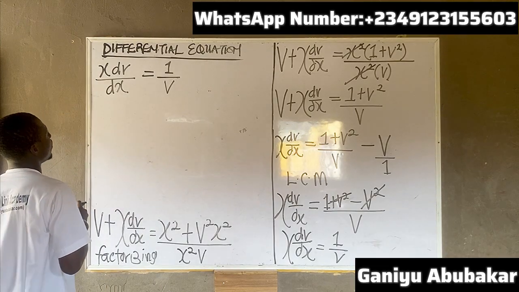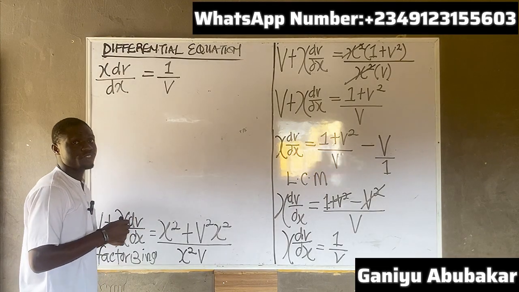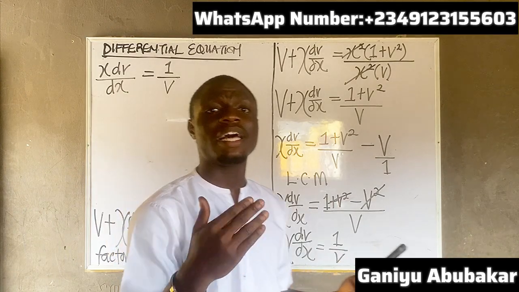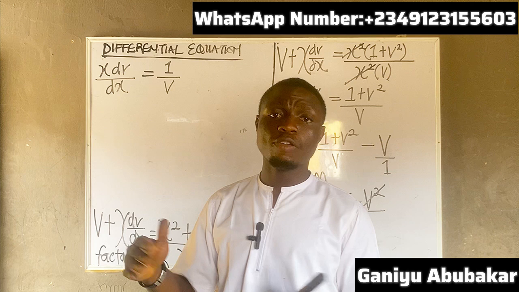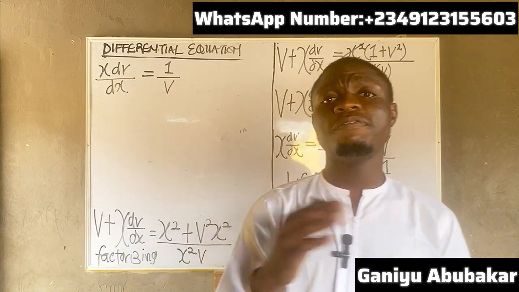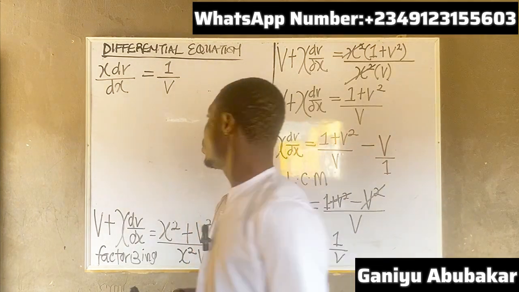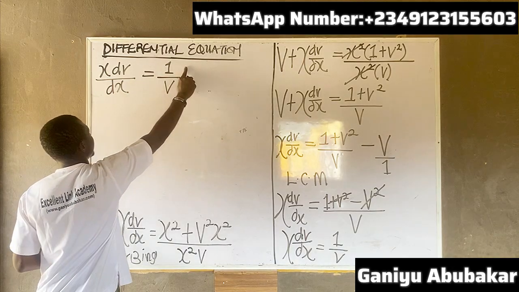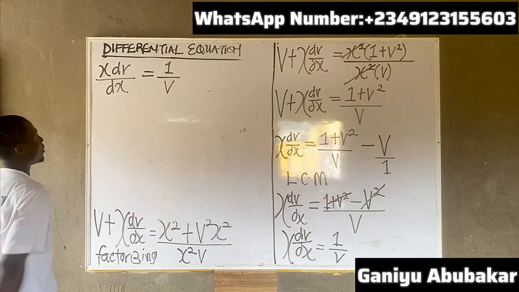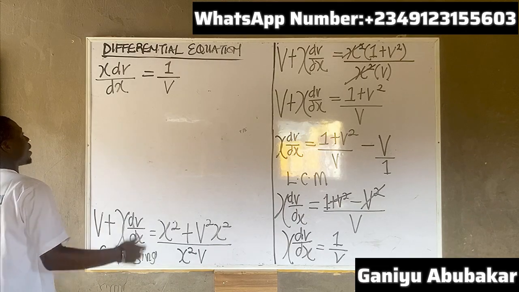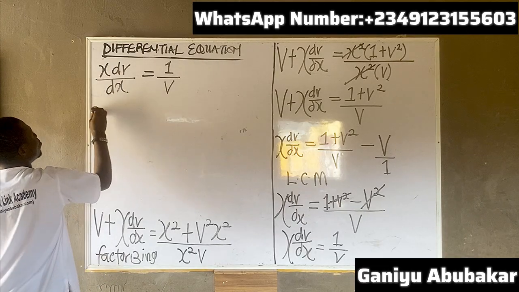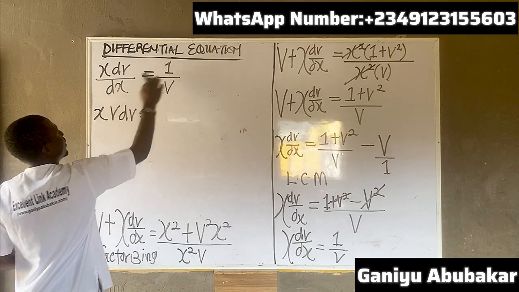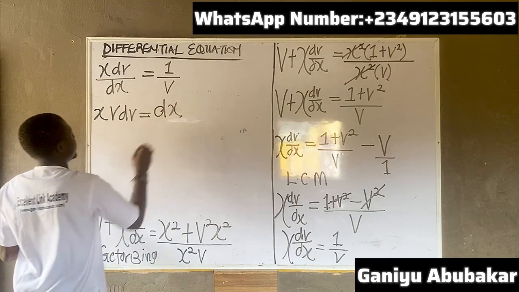So next task here, I want to try to use the variable separation method. I'll take the terms that have x to one side. I'll take the terms that have v to the other side. So looking at this, if you want to cross multiply, I have x v dv equals 1 times dx.